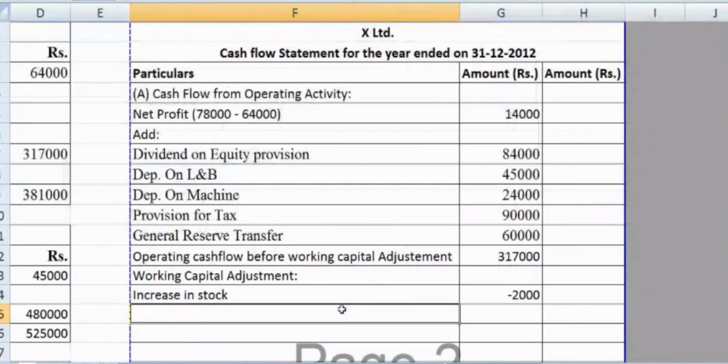Decrease in debtors. Debtors. So what the amount? 32,000. 32,000 plus or minus? Plus. Plus 32,000. Okay. Next.